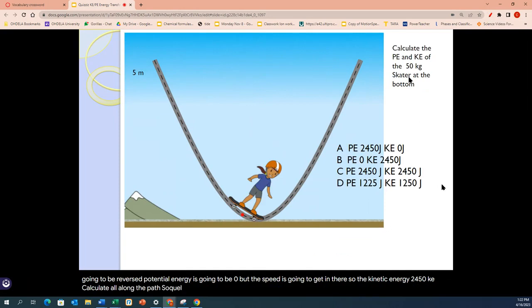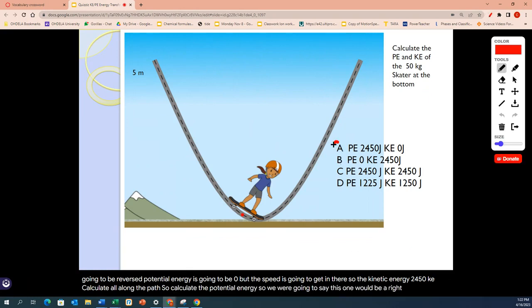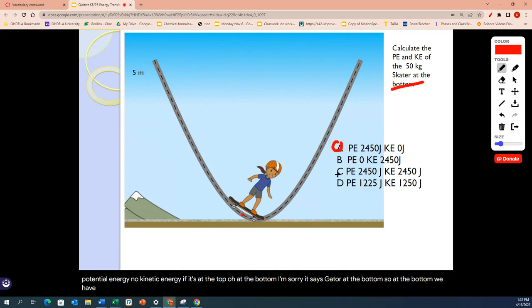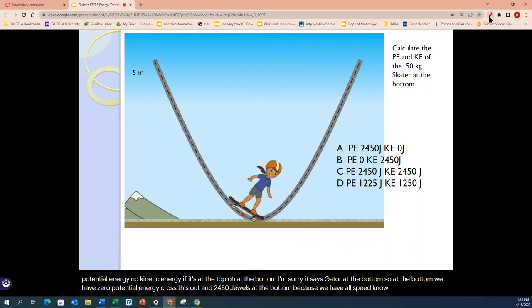So this one would be A. All potential energy, no kinetic energy at the top. Oh, at the bottom, I'm sorry, it says skater at the bottom. So at the bottom, we have 0 potential energy, and 2,450 joules of kinetic energy because we have all speed, no height.